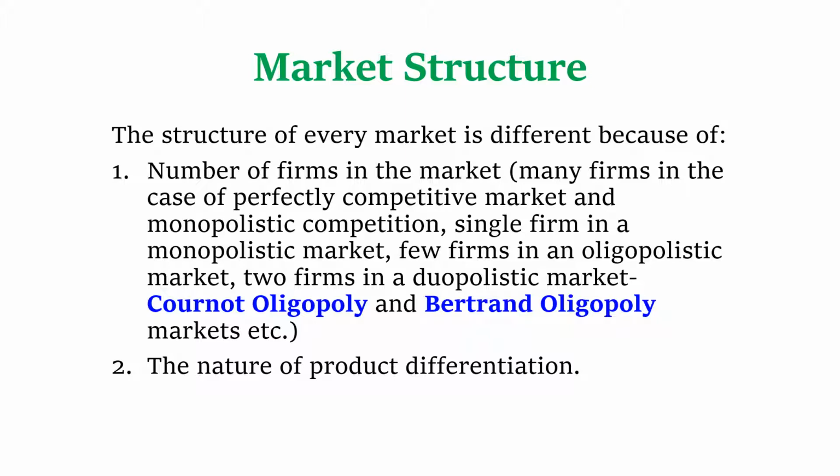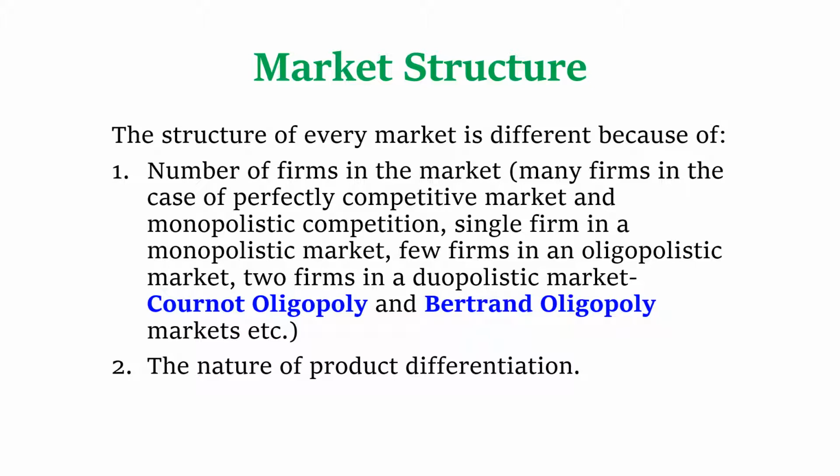So in other words, each firm in the perfectly competitive markets has no power to set the market price. Then we have the case of a single firm in a monopolistic market.